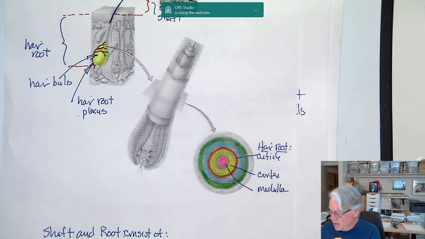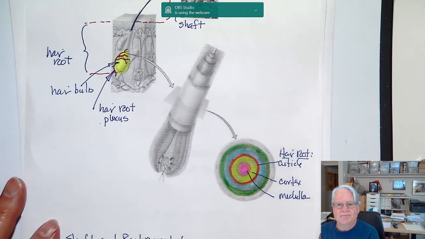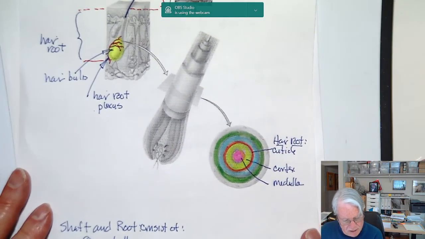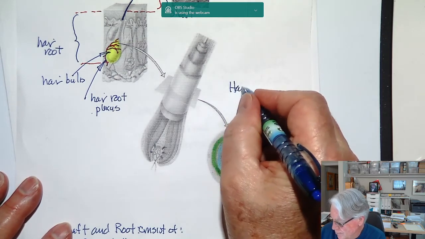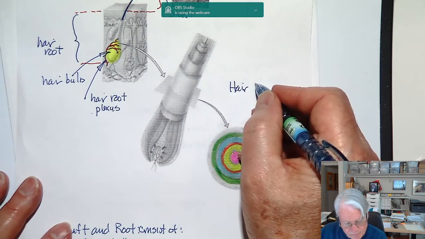Let's go ahead now and identify those. So this is going to be the hair follicle. And yeah, let's do that up here. The hair follicle.